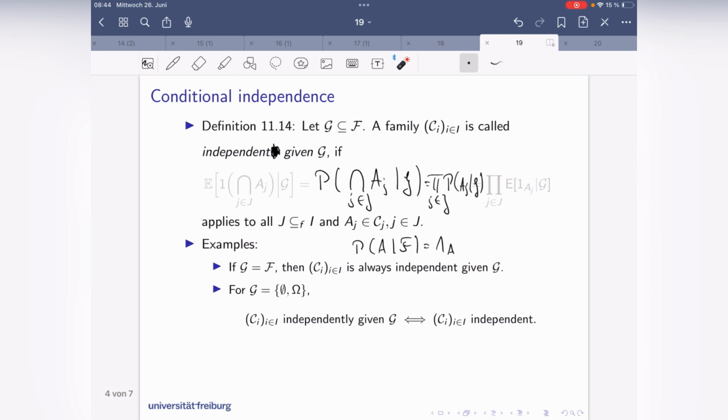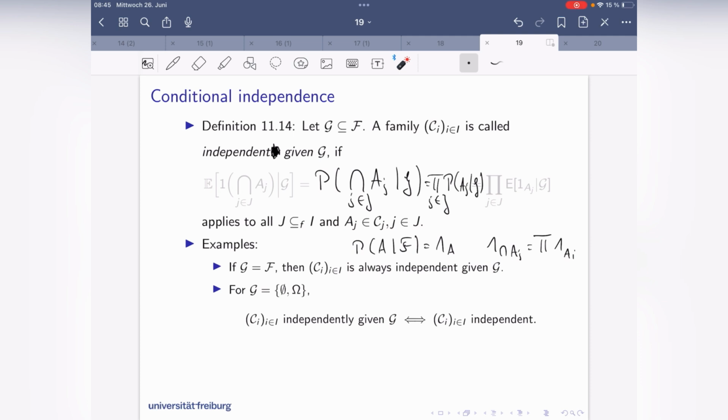We are done. And the indicator of an intersection of A_j's, if you want to evaluate this, is just the product of the indicators of the single ones. So that's trivial.